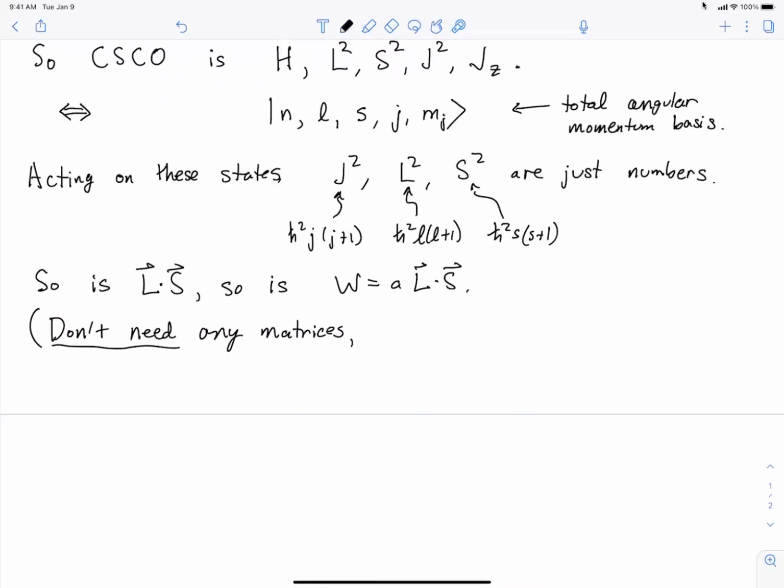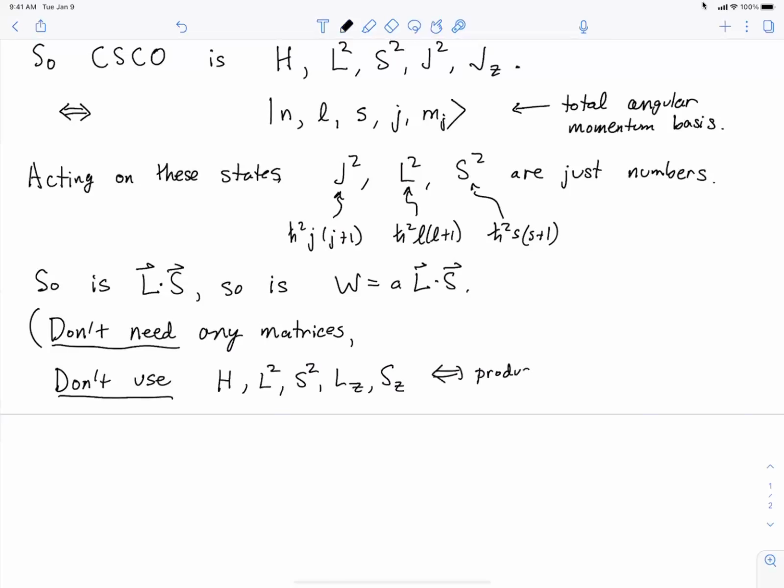And not only that, you don't want to use the other basis, which would correspond to this complete set of commuting observables. That corresponds to what's called the product angular momentum basis, which is denoted N, L, S, M sub L, M sub S.